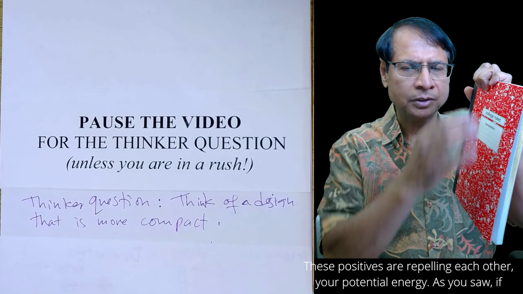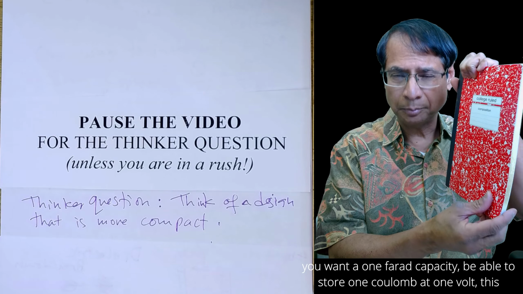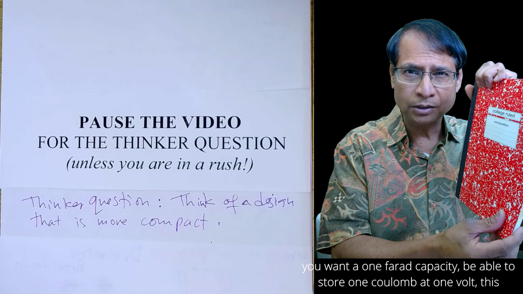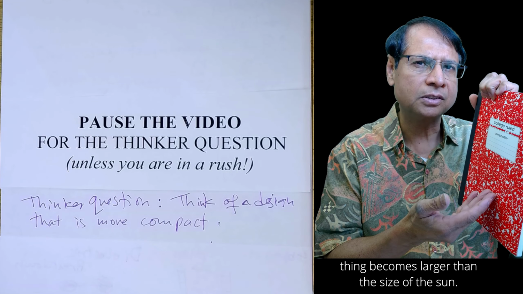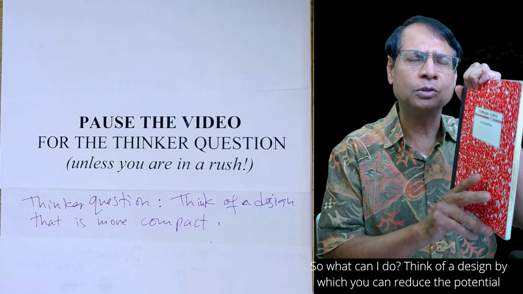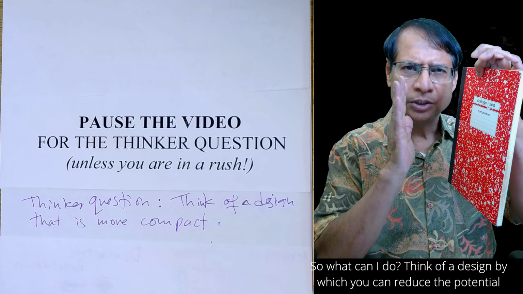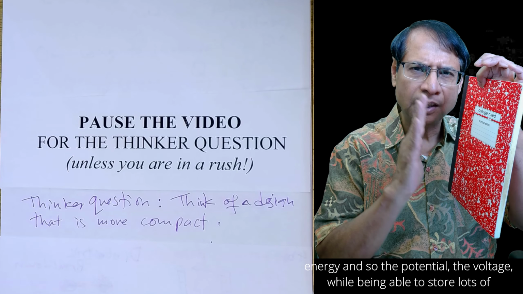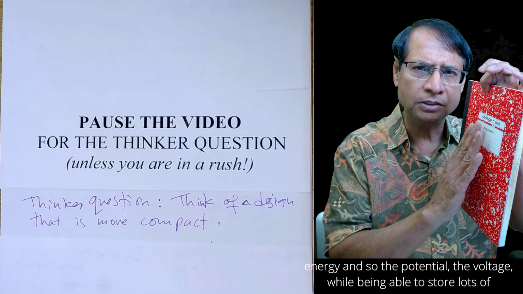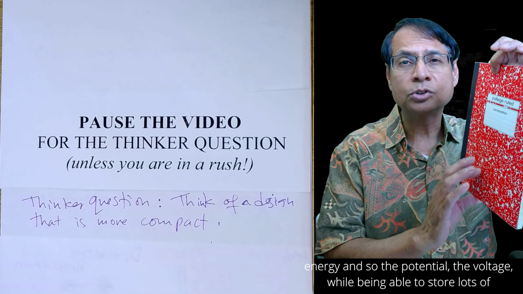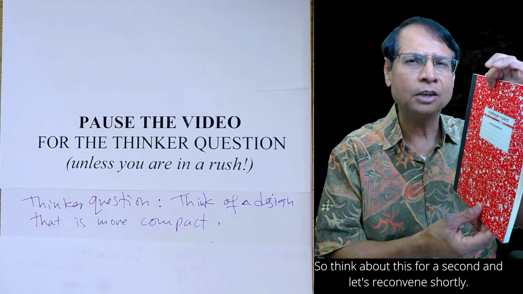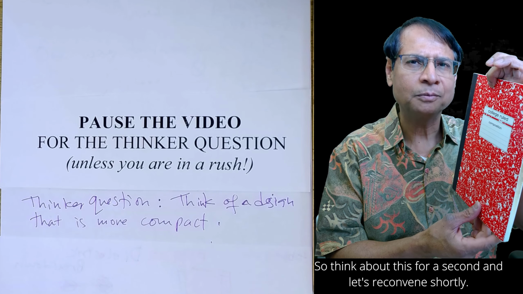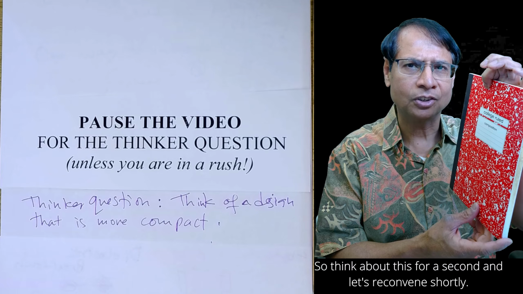As you saw, if you want a 1 farad capacity, to be able to store 1 coulomb at 1 volt, this thing becomes larger than the size of the sun. So what can you do? Think of a design by which you can reduce the potential energy and so the potential, the voltage, while being able to store lots of charge and without making this crazy big. So think about this for a second, and let's reconvene shortly.